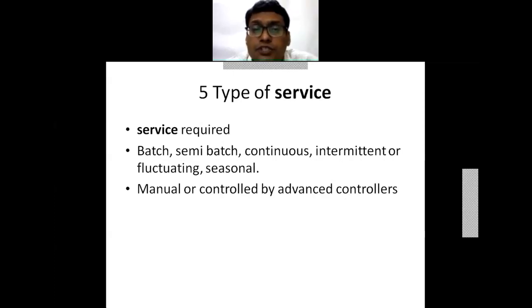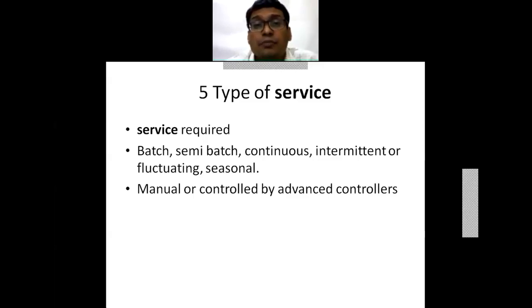Then the type of service, whether it's a semi-batch, whether it's a continuous process, whether it's an intermittent process or a fluctuating process, or sometimes it can be a seasonal process also. Corona came, you are going to produce remdesivir and favipiravir, which are very much needed.